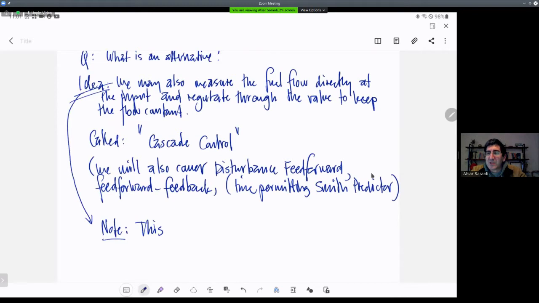It's not enough to simply regulate the fuel flow, because there are other disturbances in the system and there are other unknowns. Our plant model may not be exact. So even if we regulate the fuel flow to be constant, that doesn't imply automatically that the output temperature will be constant at the desired value. So this cannot be the only controller.